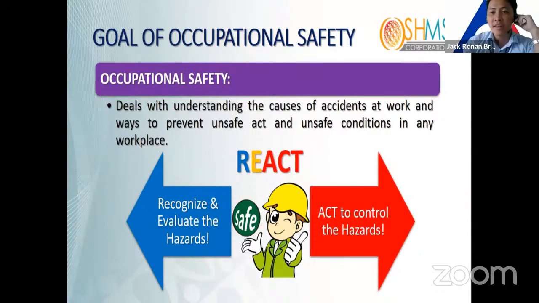As I mentioned earlier in the hierarchy, we need to identify what the hazards are and evaluate their effect. And after we have identified those, we can control those hazards. As Ma'am Sheila mentioned earlier, it can be through implementation of proper ways of working, PPEs, and such.